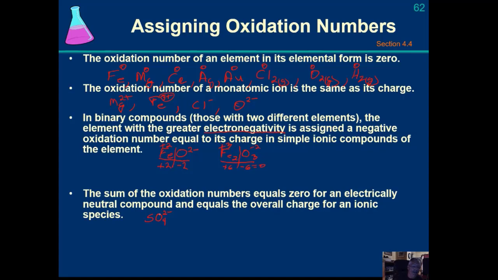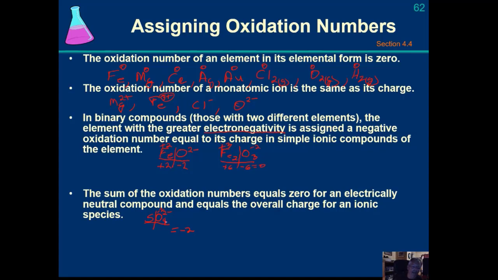anion. All right, so I'm just going to split this up. Now, this is not a compound. It's a 2- anion. That tells me that when I get my negative and positive charges, they have to add up to a -2. Oxygen is further to the right on the periodic table, closer to the noble gases. That tells me it's more electronegative, so oxygen by itself has a -2 oxidation state.